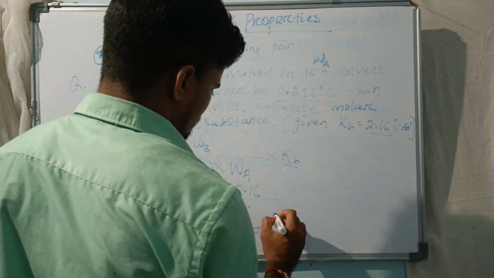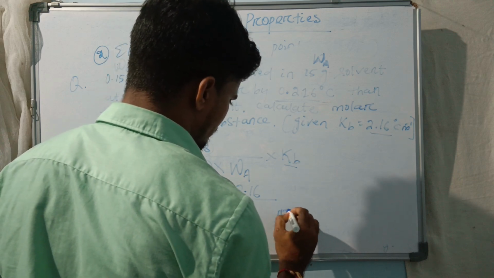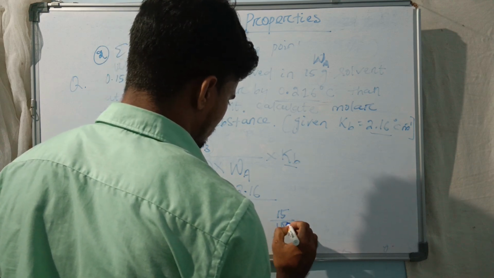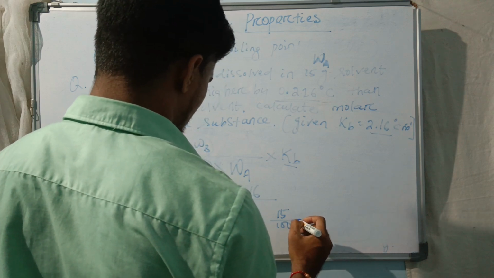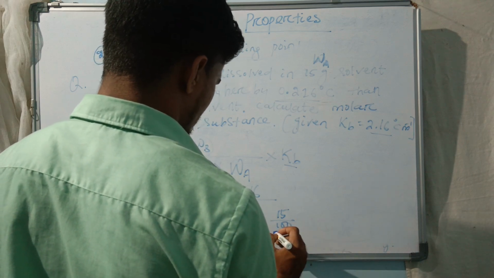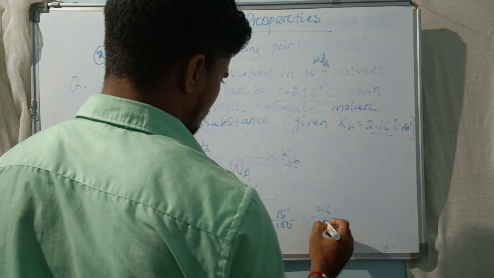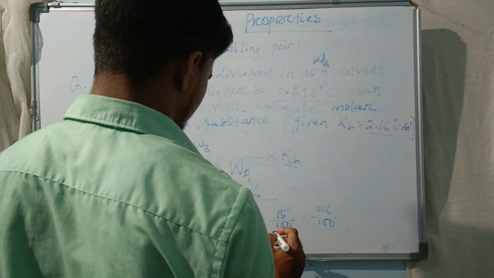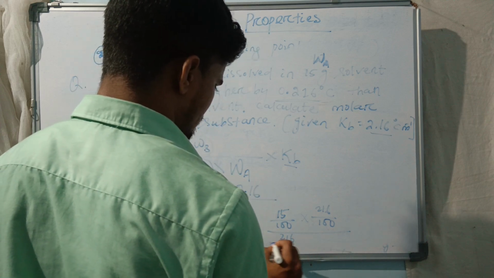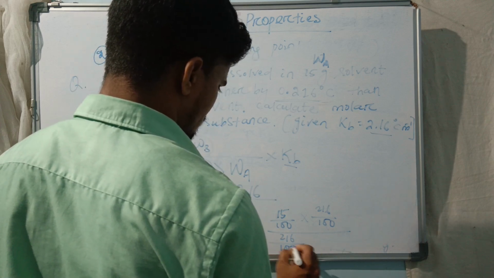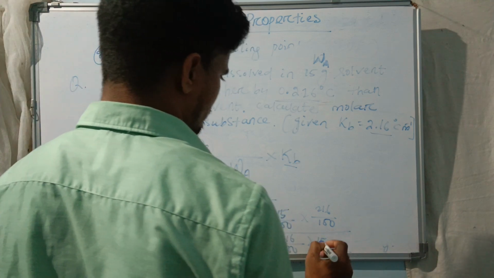Now if you remove the decimals, we get 15 upon 100 into 216 upon 100, whole divided by 216 upon 100 into 15.